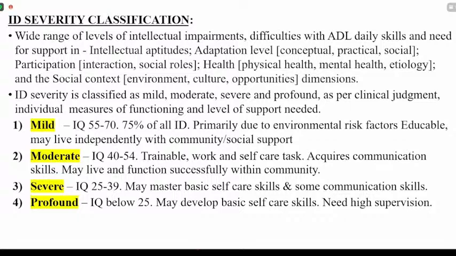The severity classification has also been expanded in the DSM-5. In DSM-4, it relied mainly just on the IQ. Now it's been expanded to include the levels of impairment, difficulties with adaptive functioning, but also taking into consideration support available in 5 domains: the intellectual aptitudes, adaptation level, participation, health, and social context, which includes the environment, culture, and opportunity dimension.